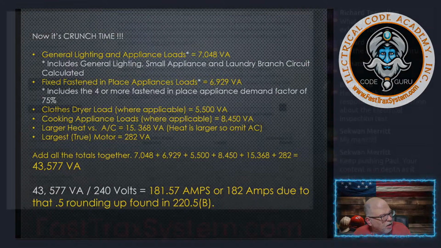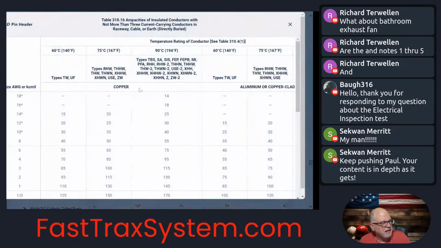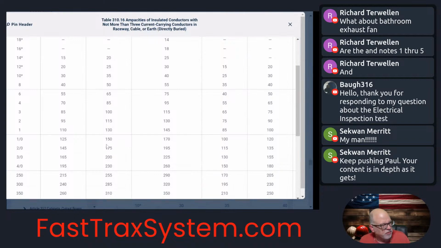If I go and look, under the 75 degree because of 110.14(C) terminals and temperature limitations, I need a conductor that's good for at least 166. Well, this 1-aught's not going to work. 2-aught's good for 175, and you see that that just happens to be a 2-aught as well.